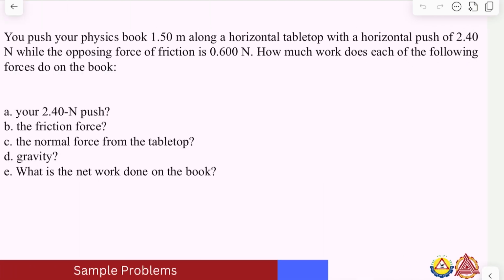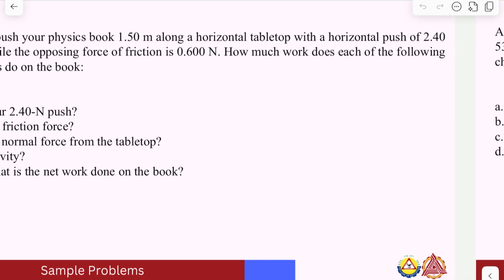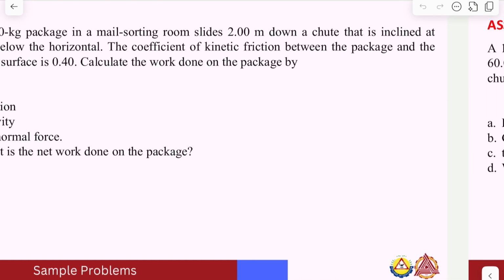So notice that in a single scenario, we can actually solve for many works due to each of the forces that act on our problem or our body, for example. So we did this sample problem number 1, number 2.